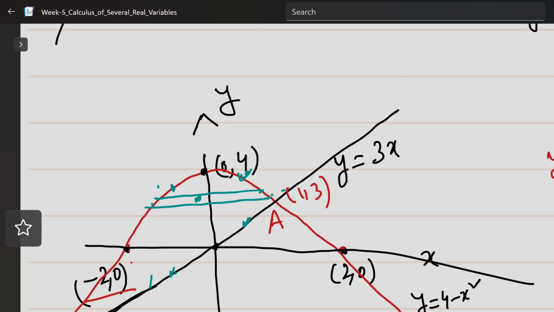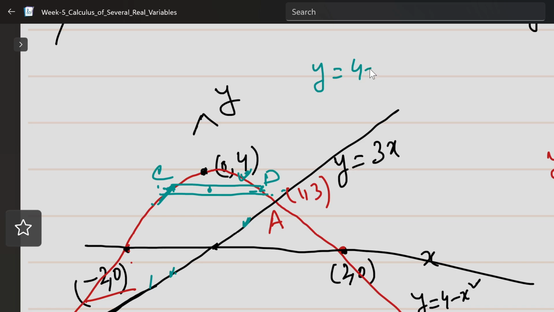Suppose in this region you want to take a horizontal strip. For a fixed y, x varies from this point, suppose this point is C, to D point.